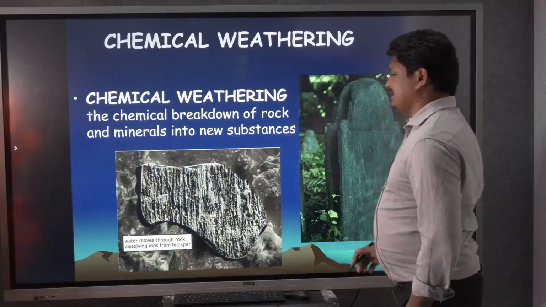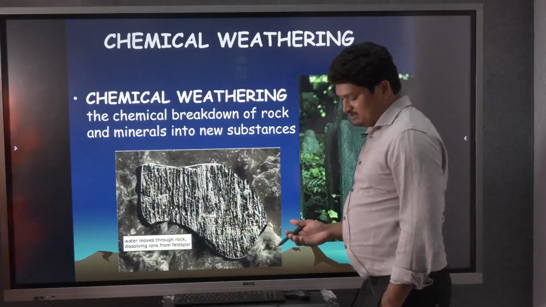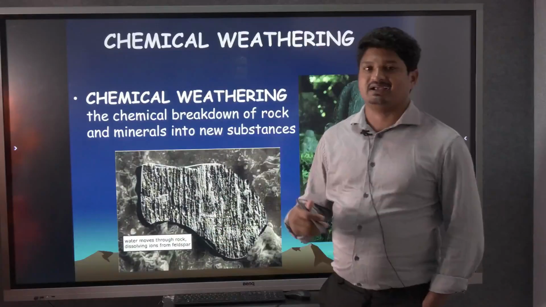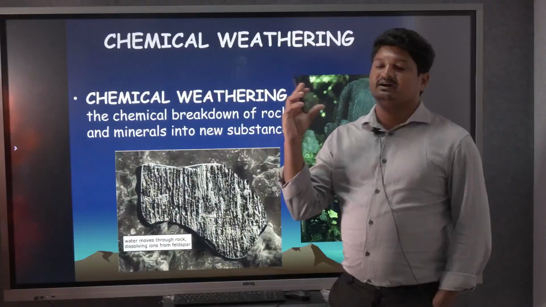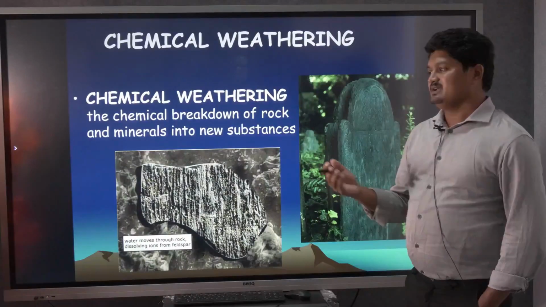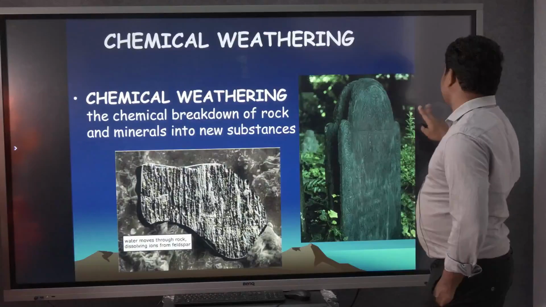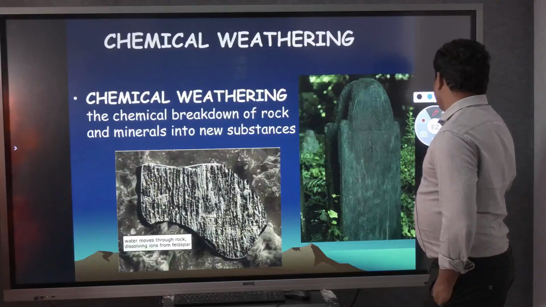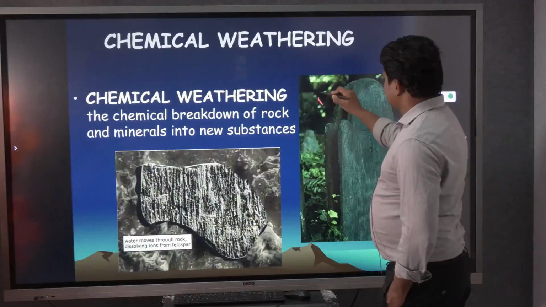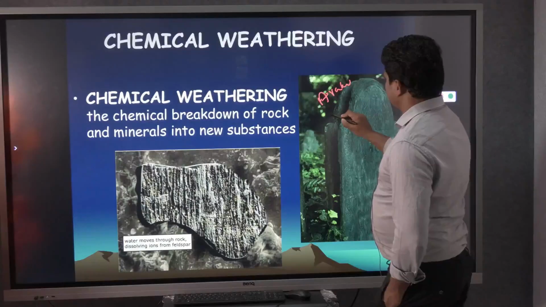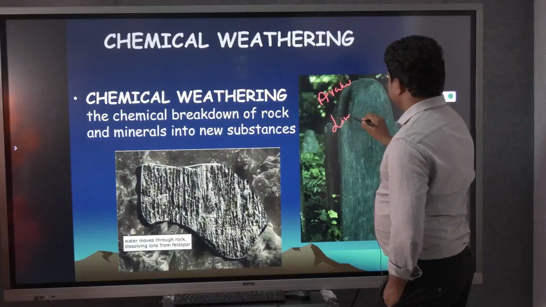So for example, in limestone regions, the water will be transported, so definitely the entire area will be weathered. One example is the Borra caves. Borra caves are located in the Araku Valley. In the Araku Valley, the entire area is composed of limestone material.